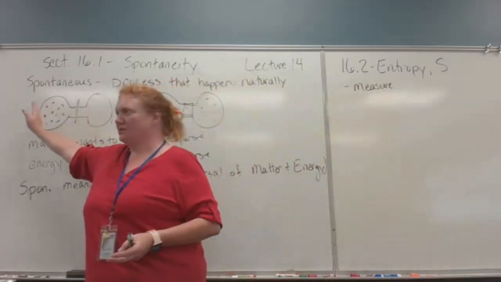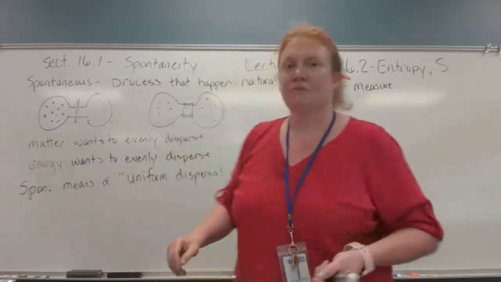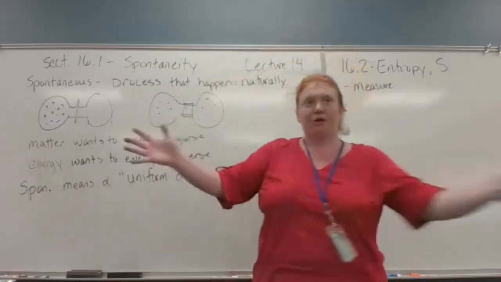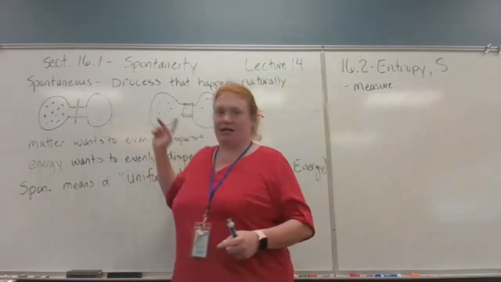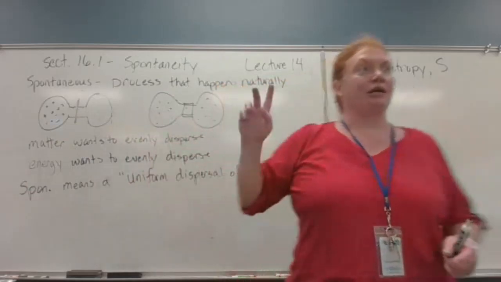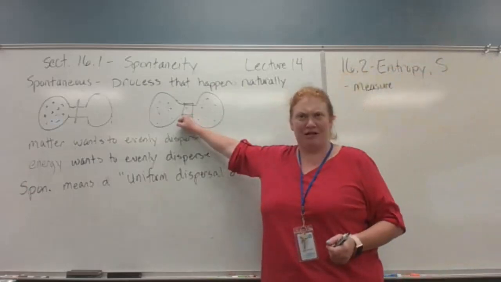Everything is collected nice and neat on one side, right? That's more ordered. This is all spread out. Which side has the higher entropy value then? Make a guess. The side where it's more spread out.